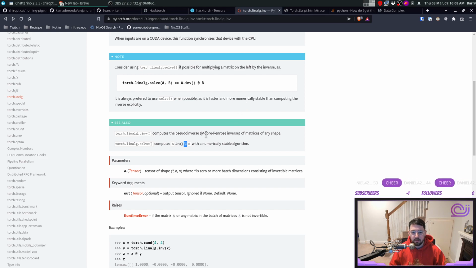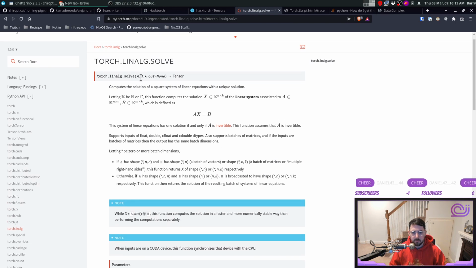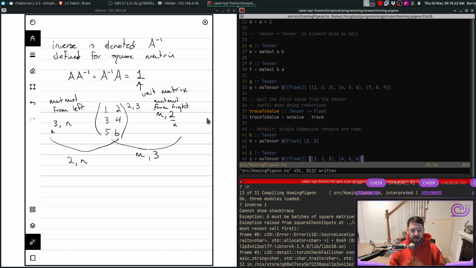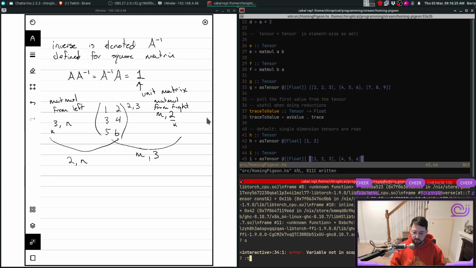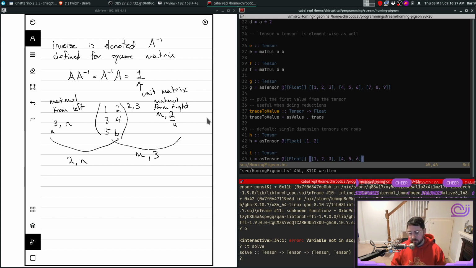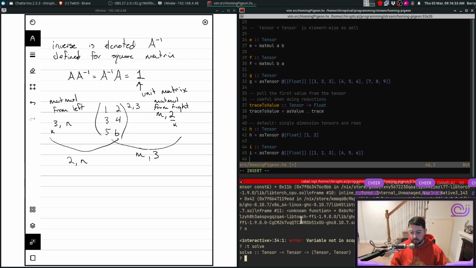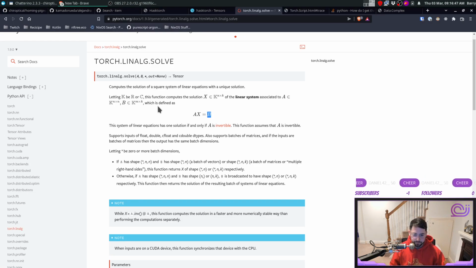I guess I don't understand what this is doing. Do we have solve? And what's the shape of solve? It takes two tensors. Okay, so what if we try to solve? I don't really understand what this is saying to me.